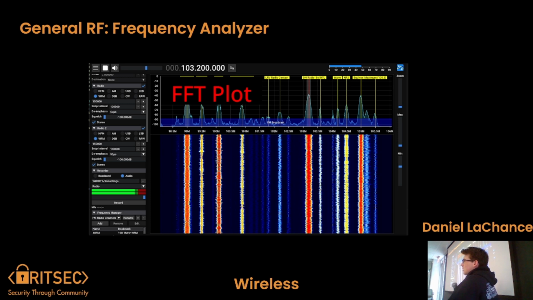Don't worry too much about what the fast Fourier transform is, but what it's doing is telling you how strong the signal at each of those specific frequencies is at any given moment. So if you see a very high peak in like a 2 megahertz sample range, that probably means that there's a radio station there.